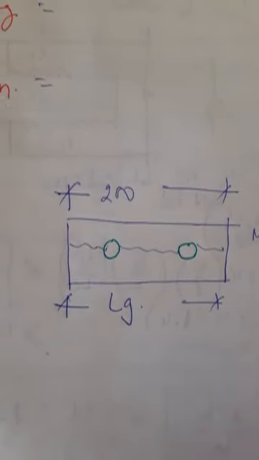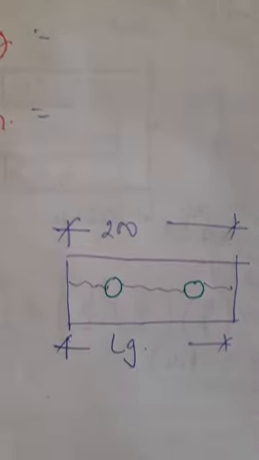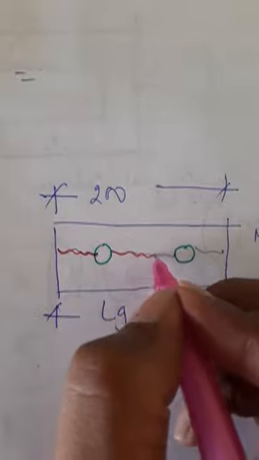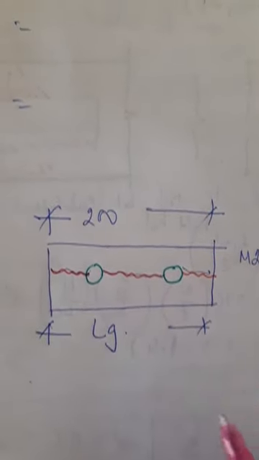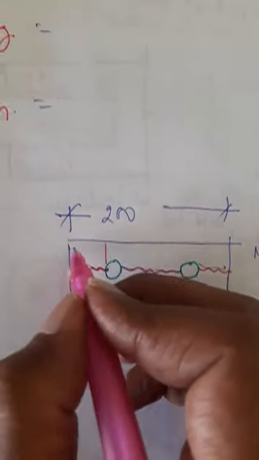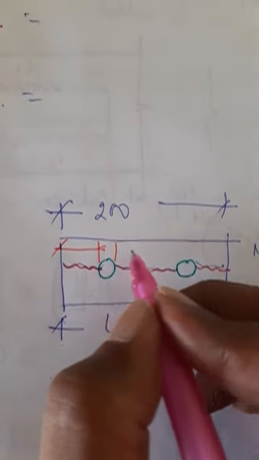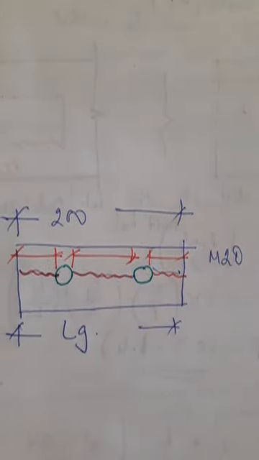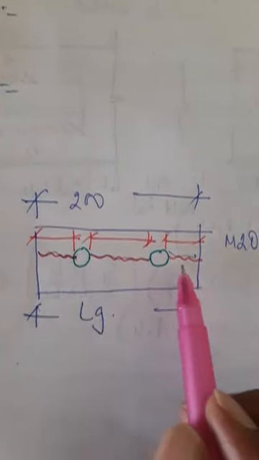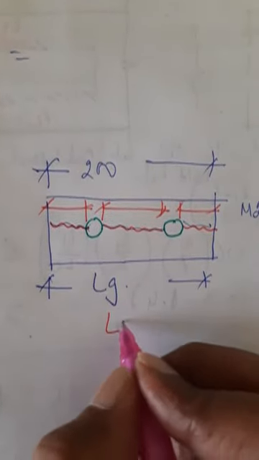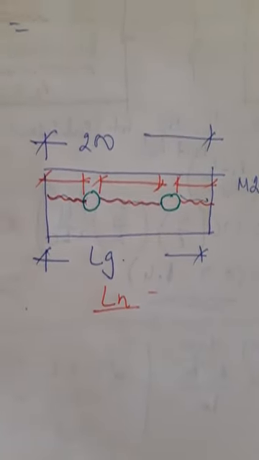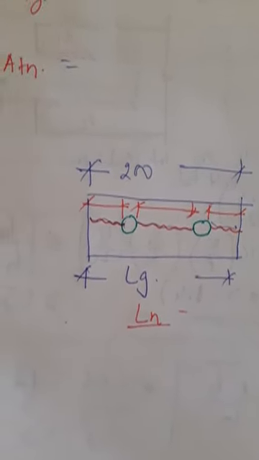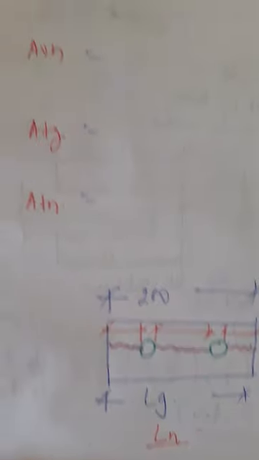Next, if I consider only the lengths between the bolt holes, this much length, plus this, plus this length, when I subtract the bolt holes, whatever length you get is known as net length. So net length means total length minus bolt holes. That is the definition of net length.